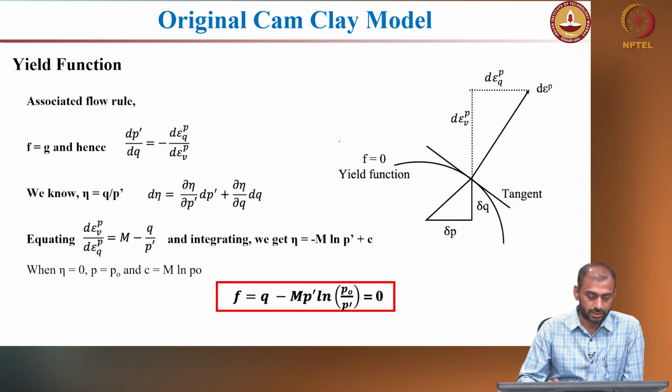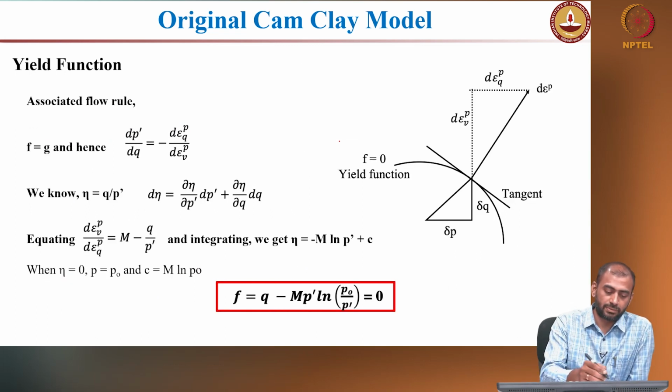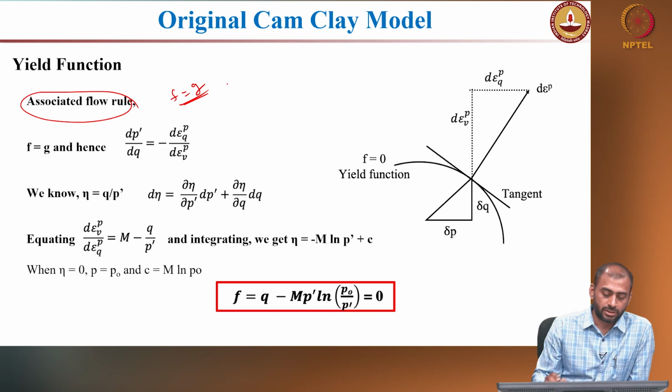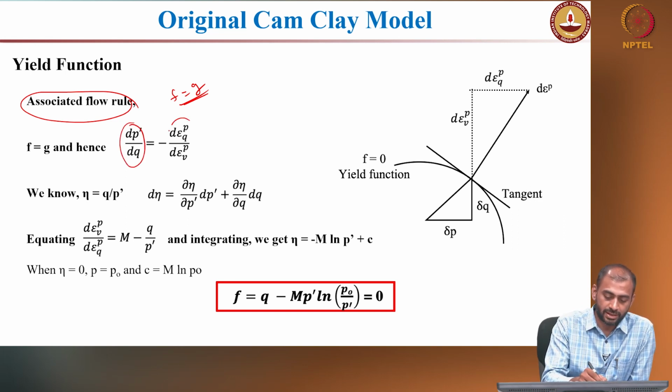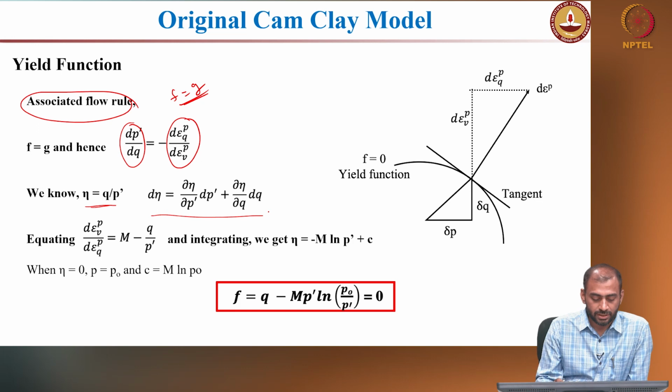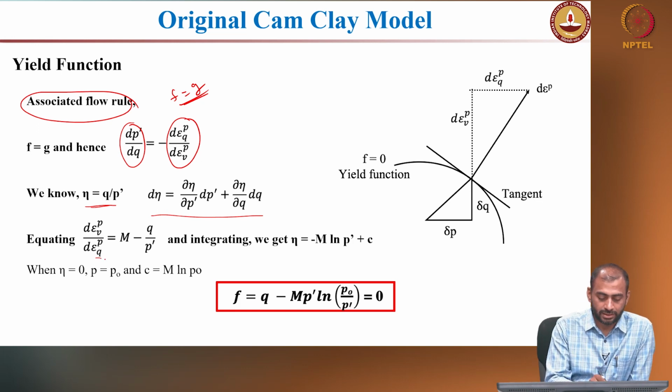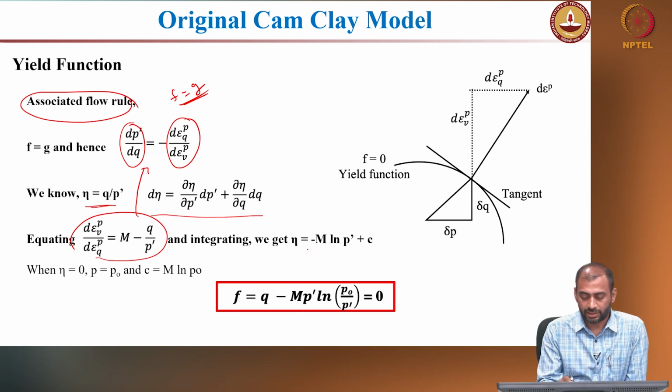Once you know this, as I said, the original Cam-Clay and modified Cam-Clay use an associated flow rule, where F is equal to G. So, you can relate stress and strain using this relation. We also know eta is nothing but q by p prime. We differentiate this, we equate the dilatancy relation into this equation, we integrate, and finally we try to get the failure equation.